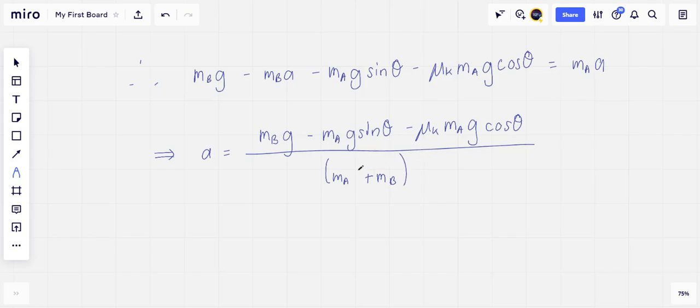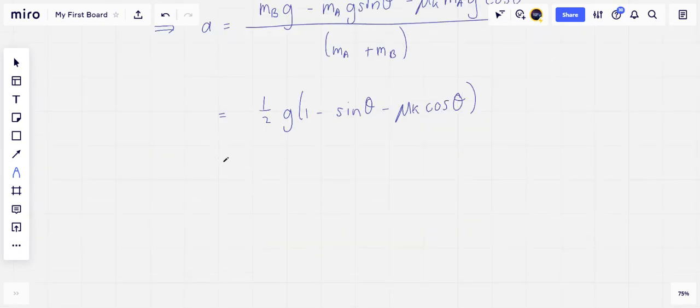And so this simplifies as a half g into 1 minus sine theta minus mu k cosine theta.